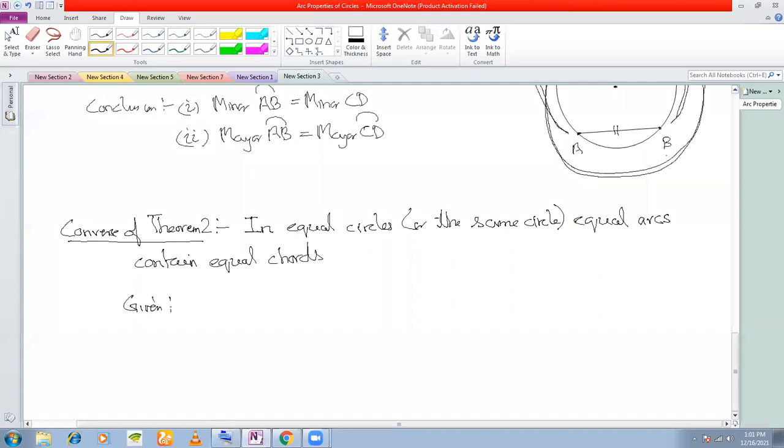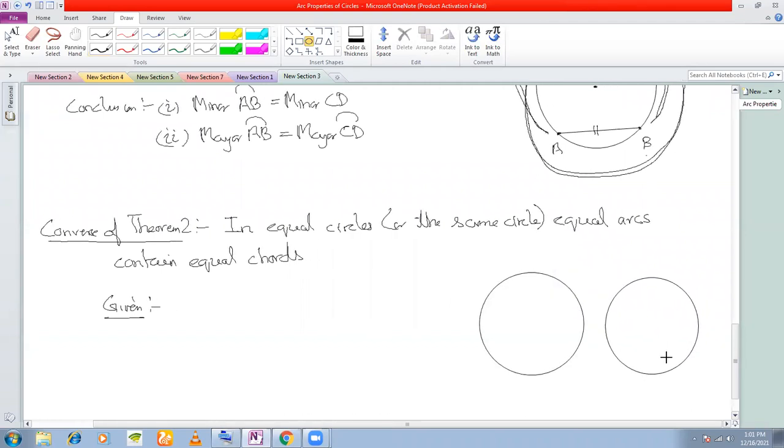Let's say for two circles I consider, two equal circles. These are the centers of the two circles, and let's draw two arcs that are equal, arc AB and arc CD, such that these two arcs are equal, right?